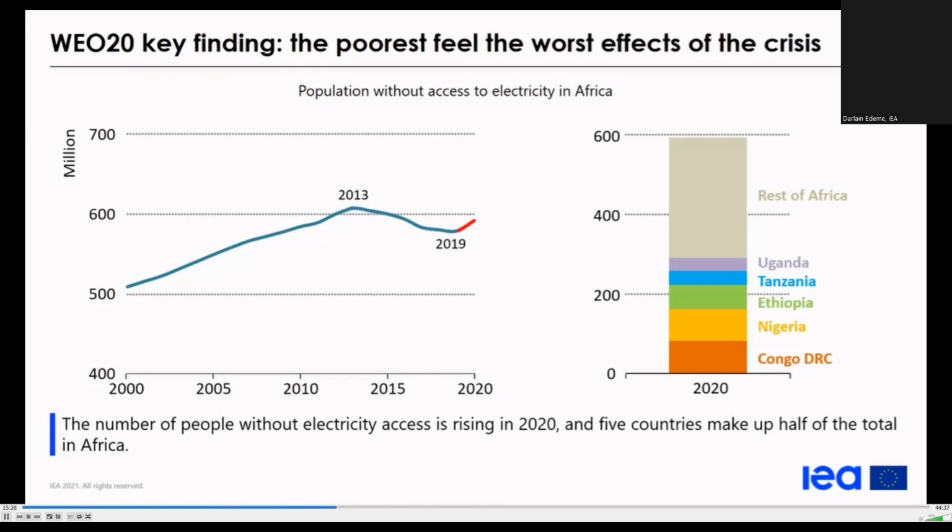But if we look at private sector-led initiatives like mini grids and solar home system distribution, we have also seen some disruption in the year 2020 in the value chains. For example, it was more difficult to import products due to international constraints.